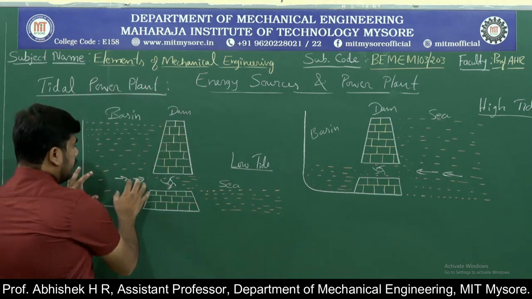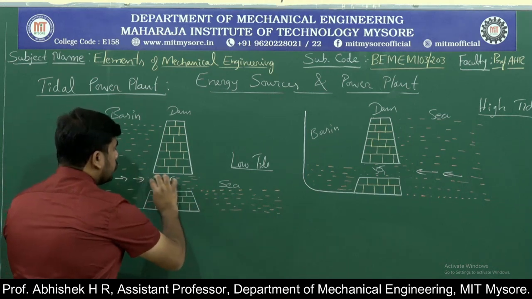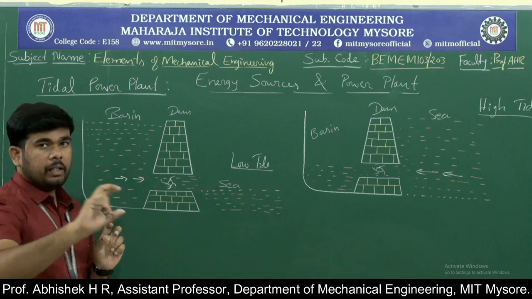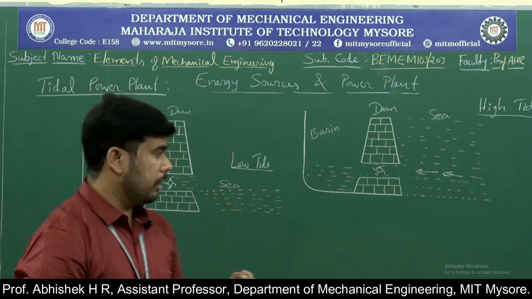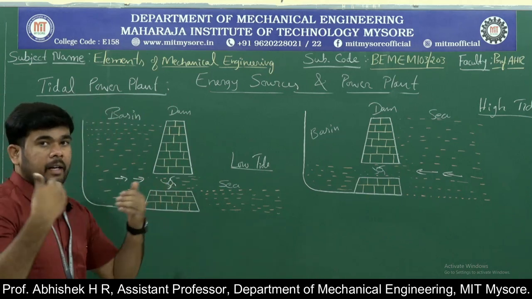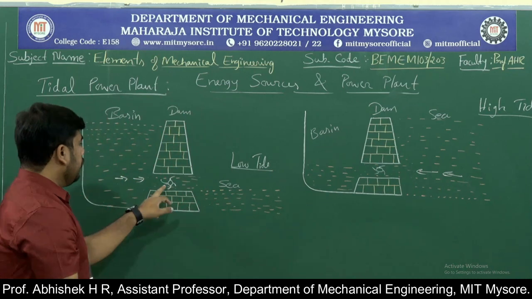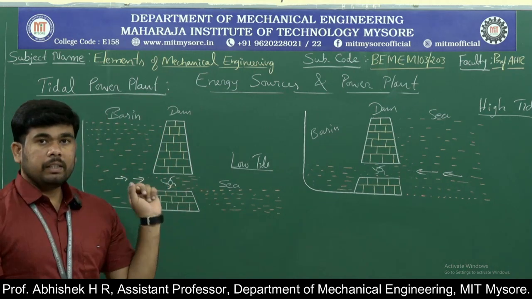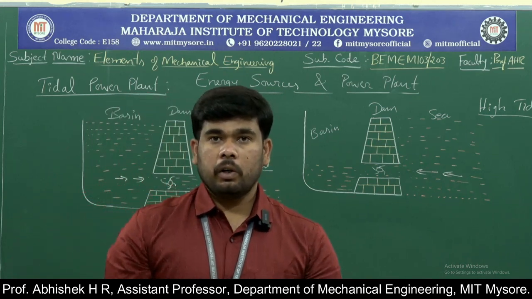We release this stored water from the water basin to the sea through a channel in the dam, in which we have fixed the water turbine. When water flows from the water basin to the sea, it has to pass through this turbine. During that moment, the turbine is going to rotate.